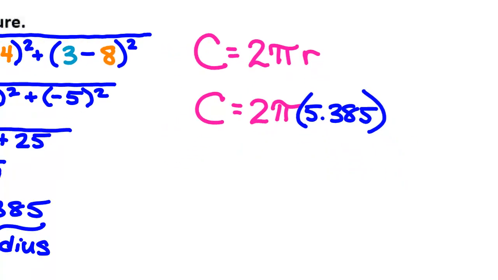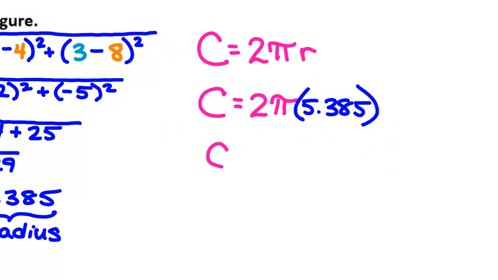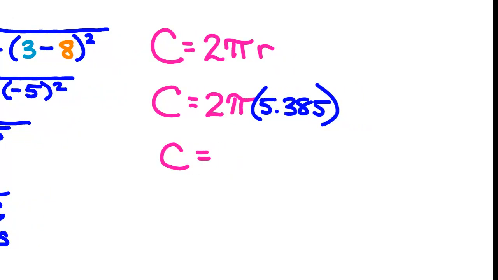Pop that into the calculator and tell me what you get. Once again, we'll take it out to 3 decimal places. And we're going to use the pi button on the calculator, which is right here. It's located 2 buttons underneath the green second key. There is a pi button on the calculator that we're going to be using.